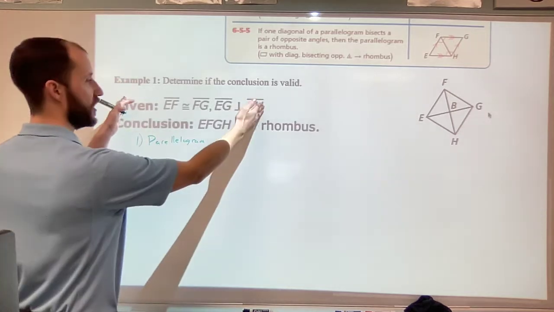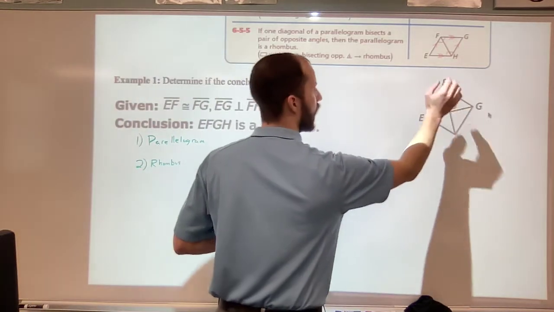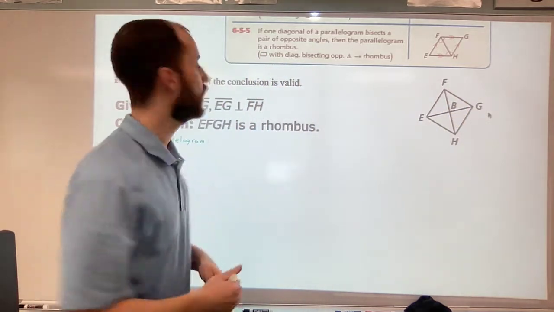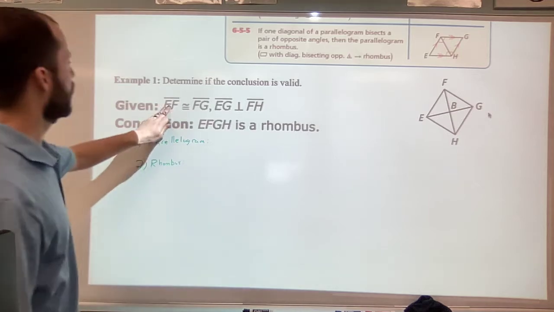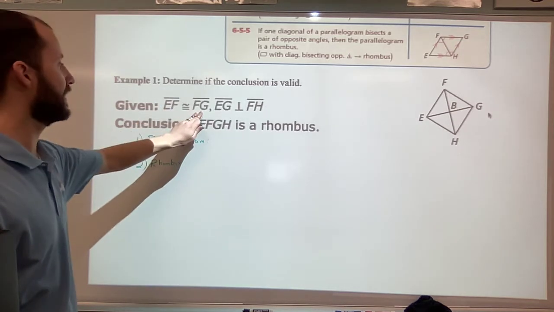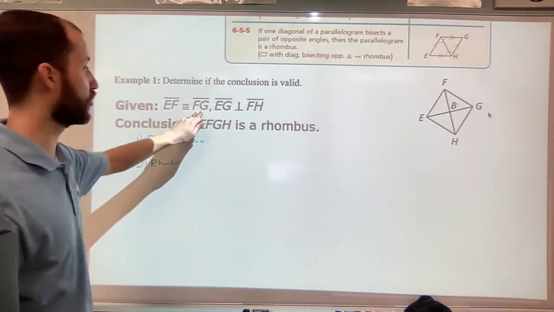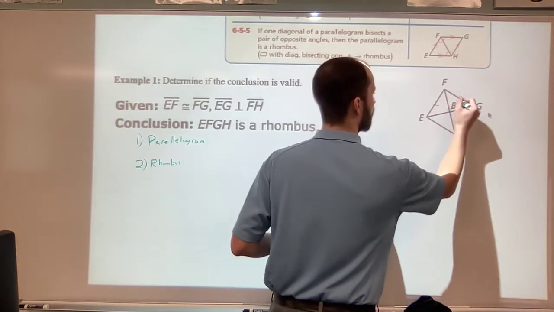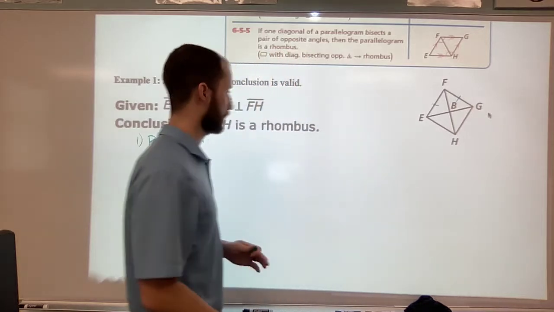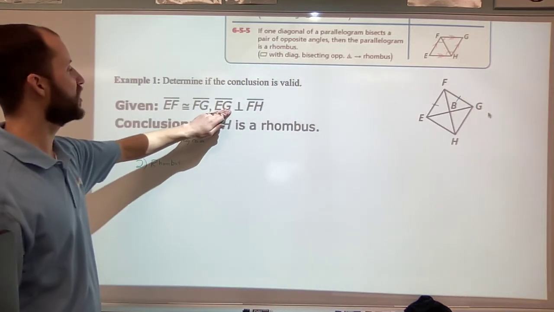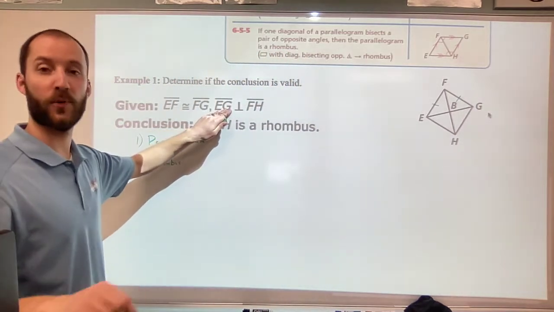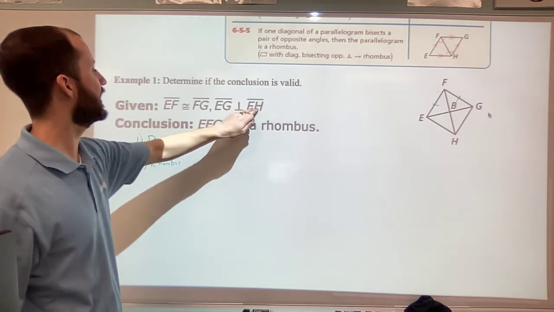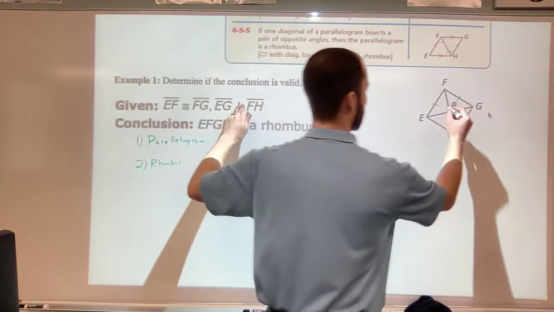Given some information, can you apply that information and then make any conclusions? For example, line segment EF and line segment FG are congruent, so mark EF and FG. And say that line segment is perpendicular to line segment FH, so the diagonals are perpendicular.